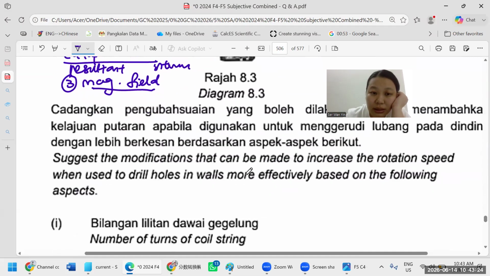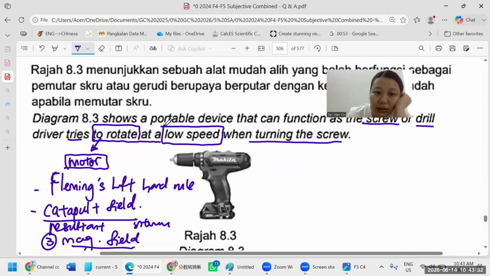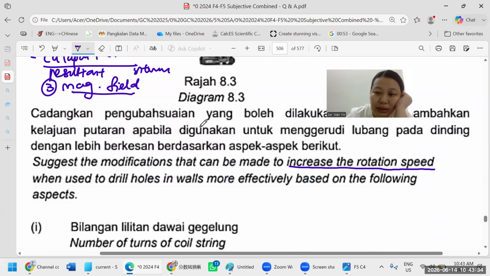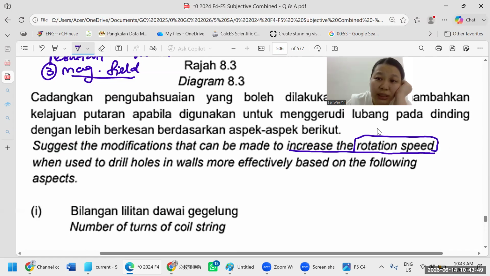Right now, next. Suggest the modification that can be made to increase the rotation speed. This one is low speed, this one increases rotation speed. But from my experience, increasing the rotation speed means you can have high rotation speed, you also can have low rotation speed.